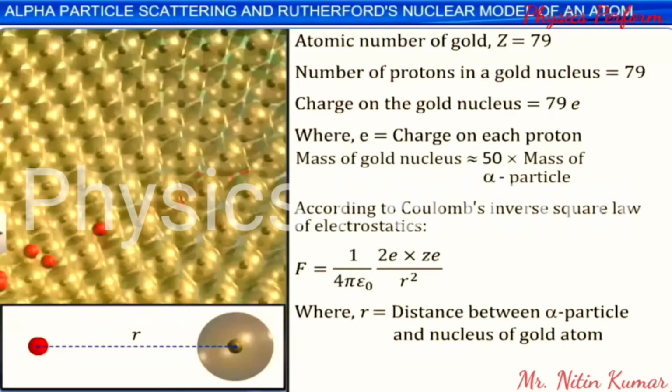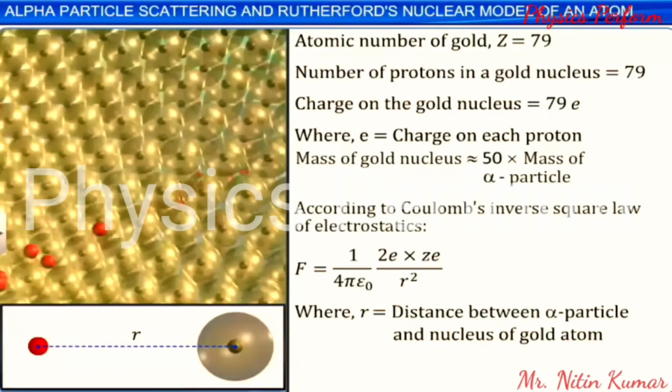This force acts along the line joining the alpha particle and the nucleus of the gold atom. The direction of this force and its magnitude continuously change as the alpha particle approaches or recedes from the nucleus.